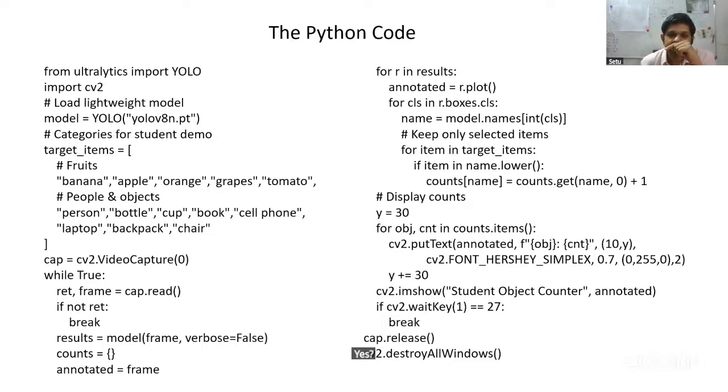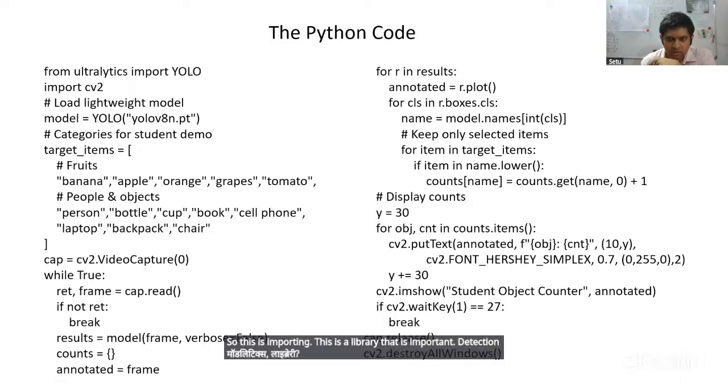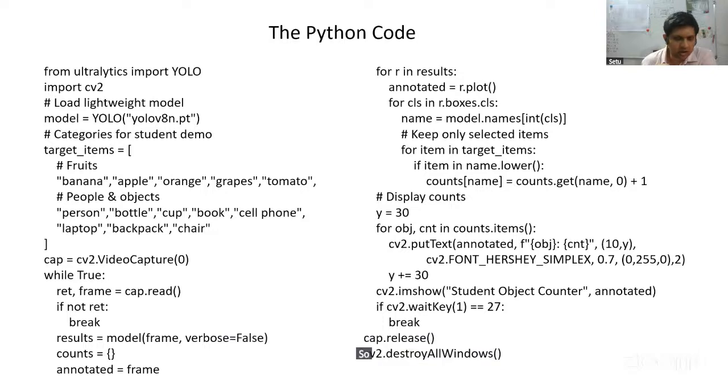The first line that you see is from Ultralytics import YOLO. This is a library that is importing the YOLO object detection model from the Ultralytics library. Let me give you a brief: what is this Ultralytics?